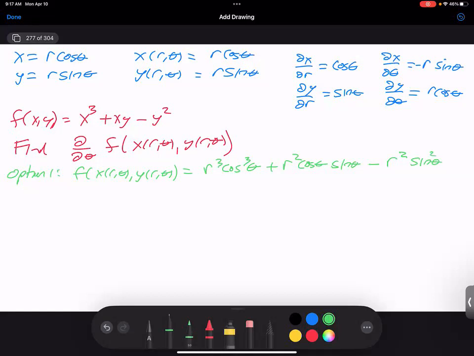I just plugged in what x is and what y is. x is r cosine theta. y is r sine theta. So the x cubed becomes r cubed cosine cubed theta. The xy becomes r squared cosine theta sine theta. And the y squared becomes r squared sine squared theta.